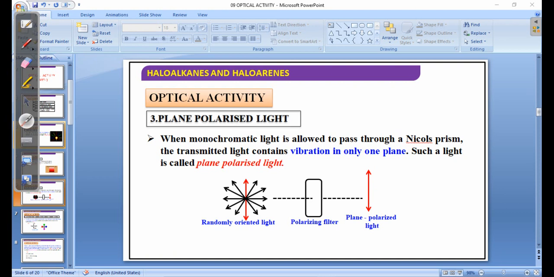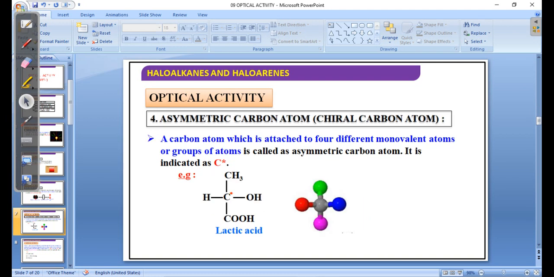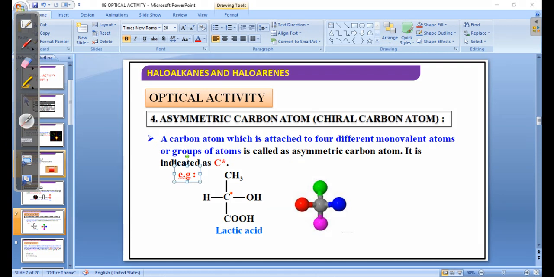Next, you can see here asymmetric carbon. The fourth point is asymmetric carbon, meaning the carbon which is attached to four different substances.